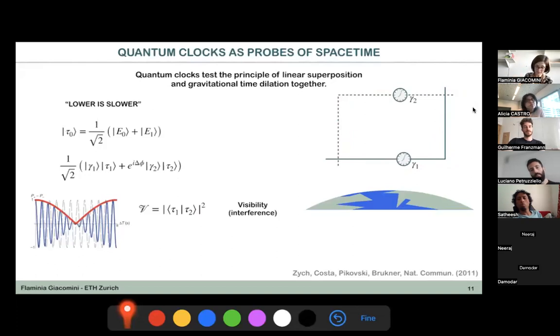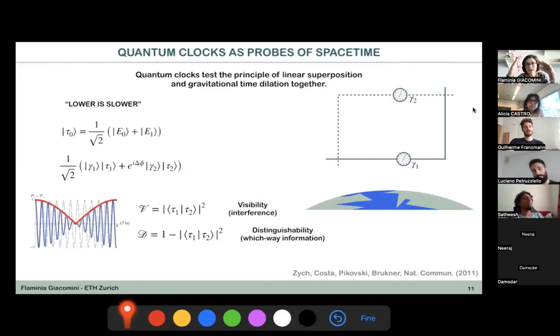At the same time, the complementarity principle in quantum information tells us that the distinguishability, so the which way information, is 1 minus the visibility. So basically, the distinguishability becomes bigger the more the state of the clock is different in the interferometer.